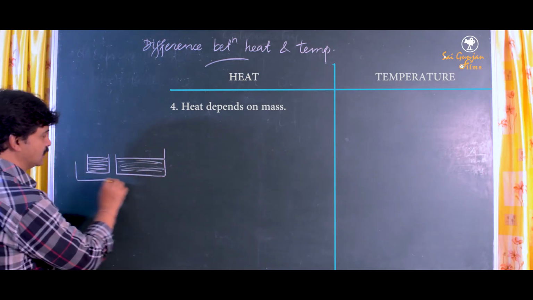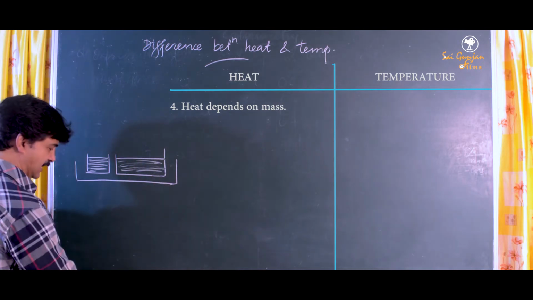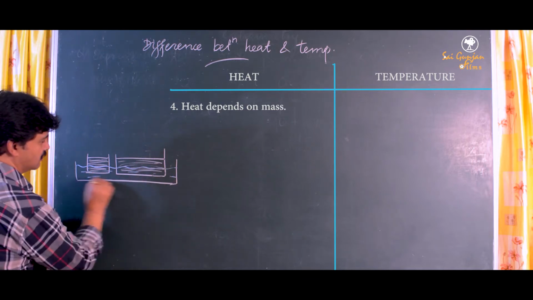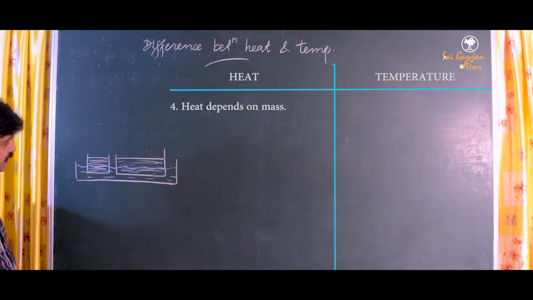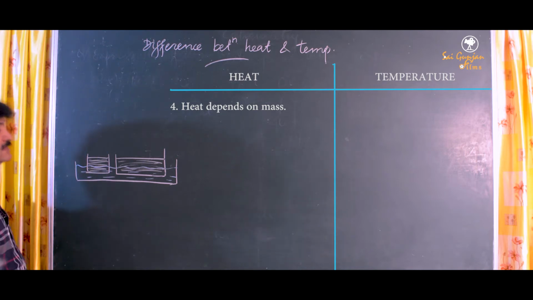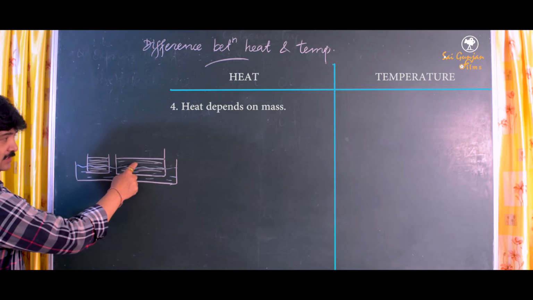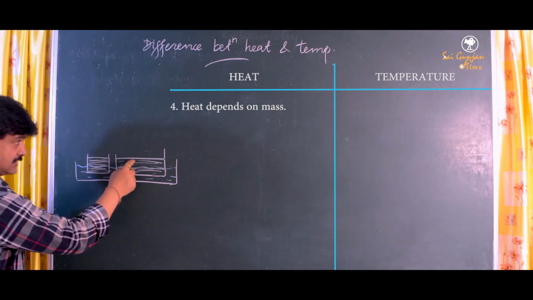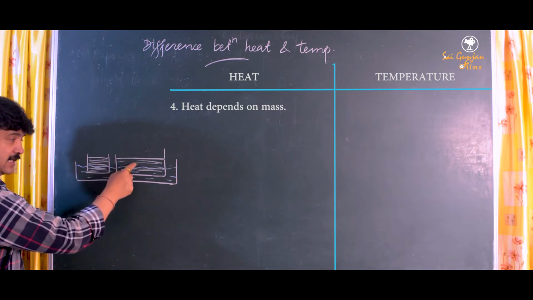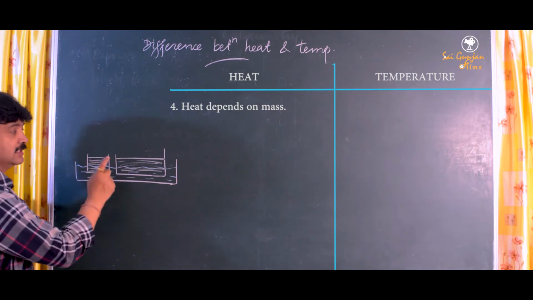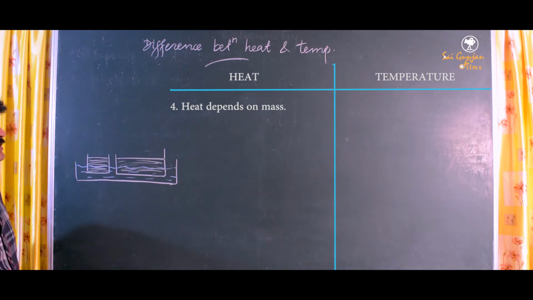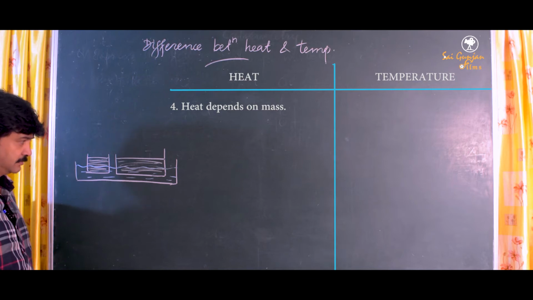If these two are placed in boiling water, which will acquire more heat? This vessel will acquire more heat. The heat absorbed by this sand will be more than this because it has more mass. That's why heat depends on mass.